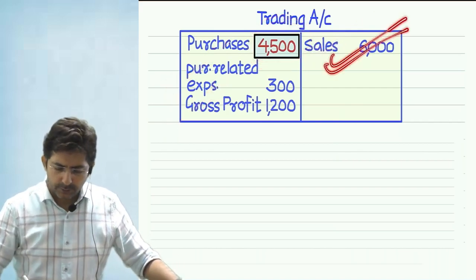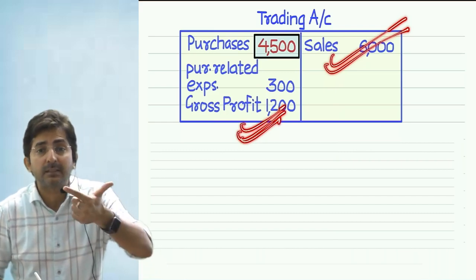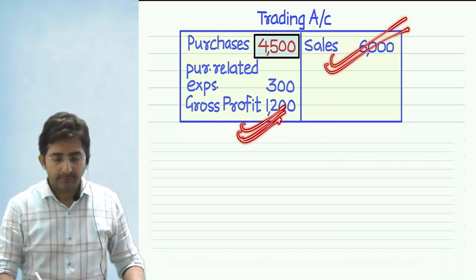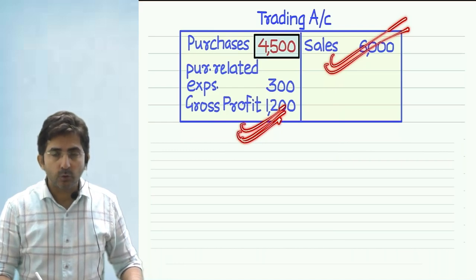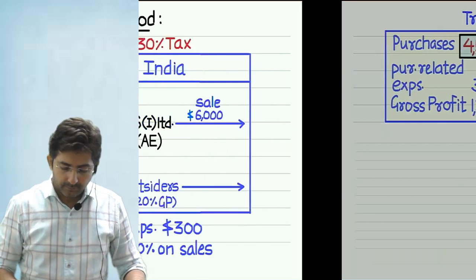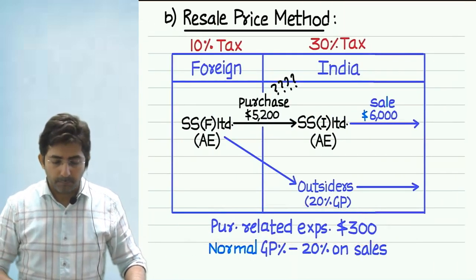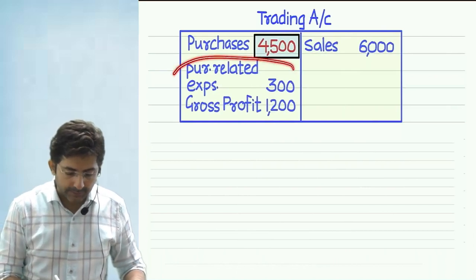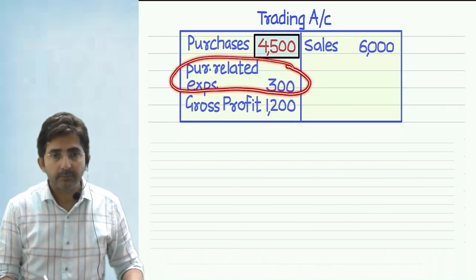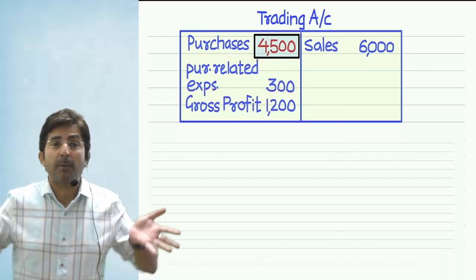So this you understood. This 1200, how did I get it? 20% on sales. It was on sales, right? So that comes to 1200, 20% of 6,000. Then, did you see purchase related expenses? See, purchase related expense, why is it recorded as a separate item? Because it is different from the purchase cost.